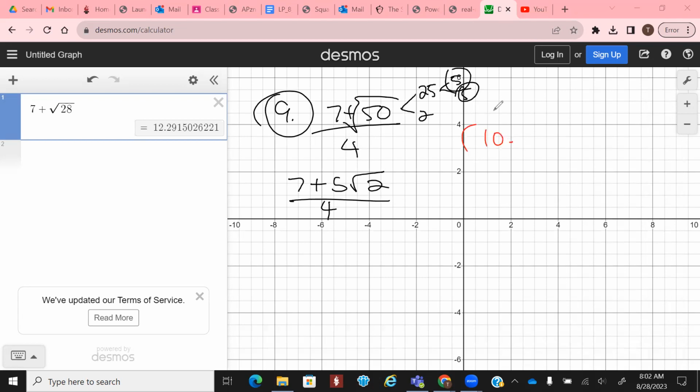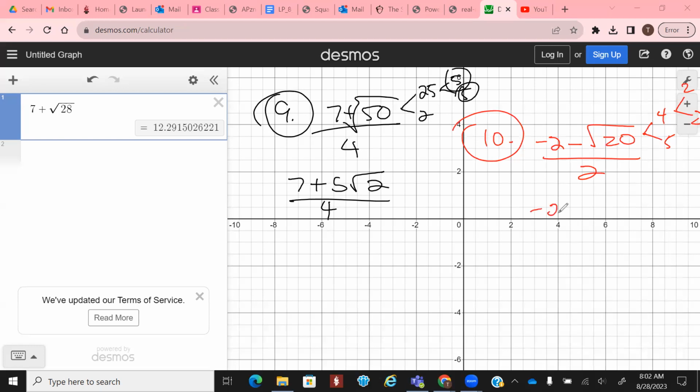Now, on number 10, we have -2 minus the square root of 20 divided by 2. What are factors of 20? 10 and 4. I heard 4 and 5. I mean, 2. And then I can break 4 down into 2 and 2.